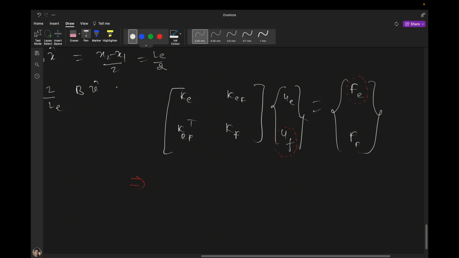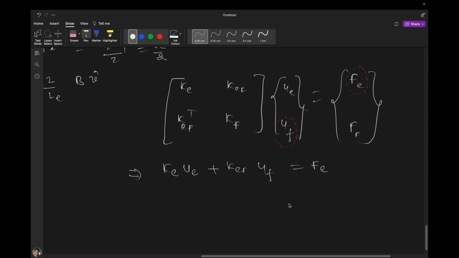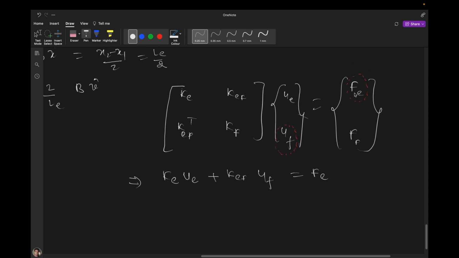If you expand this, when you multiply this matrix, you will get ke ue plus kef uf equal to fe. This part you know, this part you know, you have to determine this.